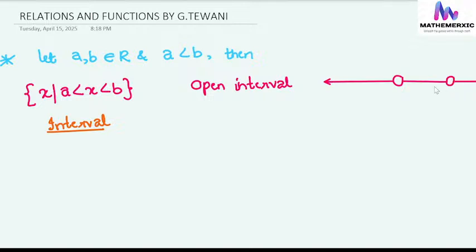So basically this is an open interval, that's why we're writing this is a, this is b.